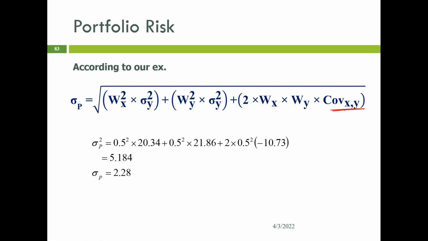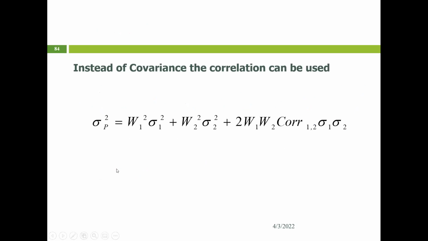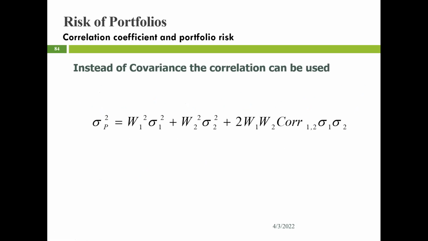Applying the covariance here, we have calculated again the portfolio risk using the double summation equation. It was 2.28. Now in this double summation equation, this covariance you can replace using this part, right?